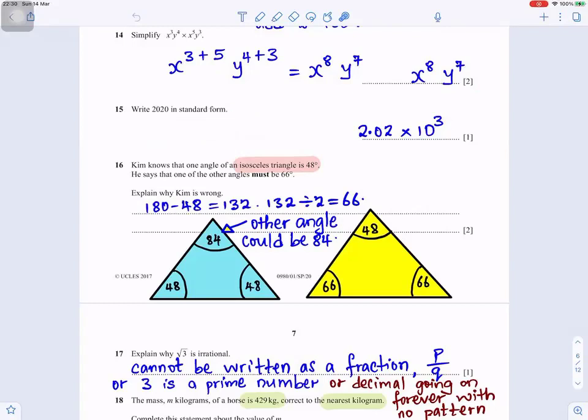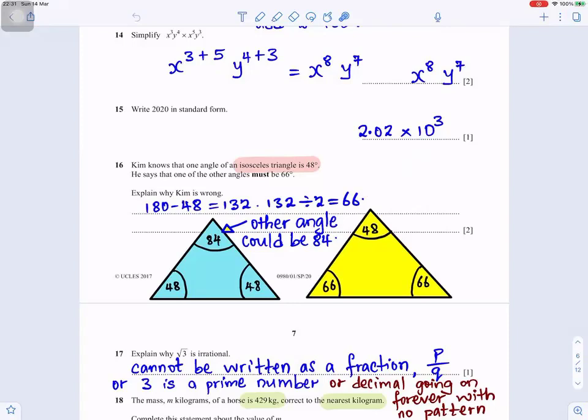Question 16. Kim knows that one angle of an isosceles triangle is 48 degrees. He says that one of the other angles must be 66 degrees. Explain why Kim is wrong. Because Kim says must. If we do 180 minus 48, you get 132. So 132 divided by 2, yes, you get 66 degrees.